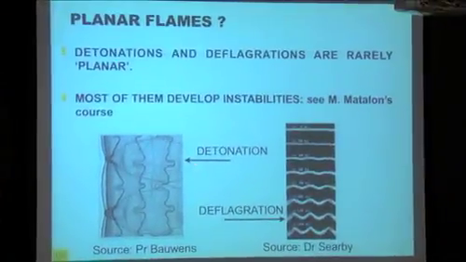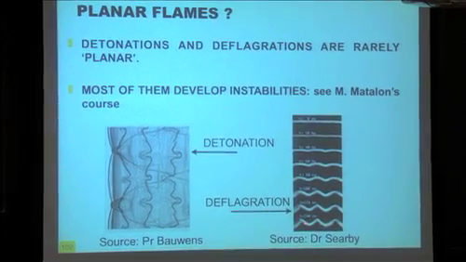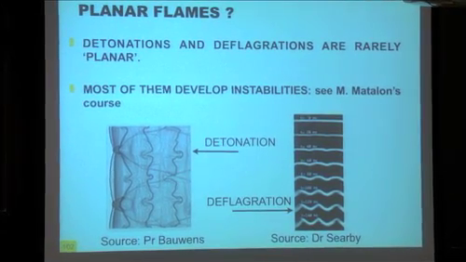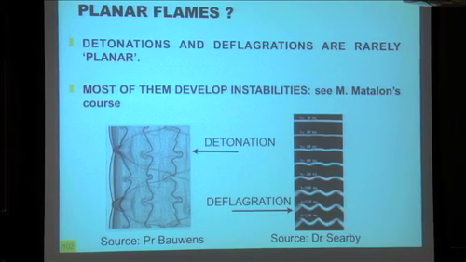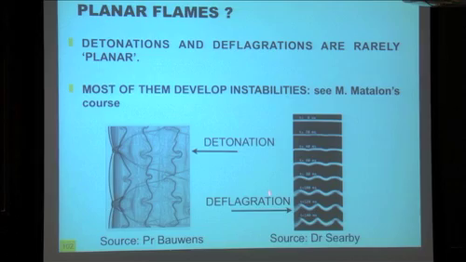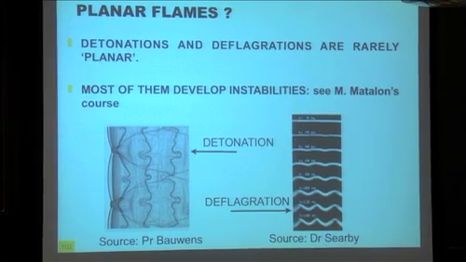They almost never remain planar, and we'll talk about this later, and Moshe has been describing that last year for you. Most fronts will not remain planar. They will start developing structure, even the detonations do, the deflagrations do too, and it will make our life miserable again, because we have to care about a new problem: these fronts do not remain stable.